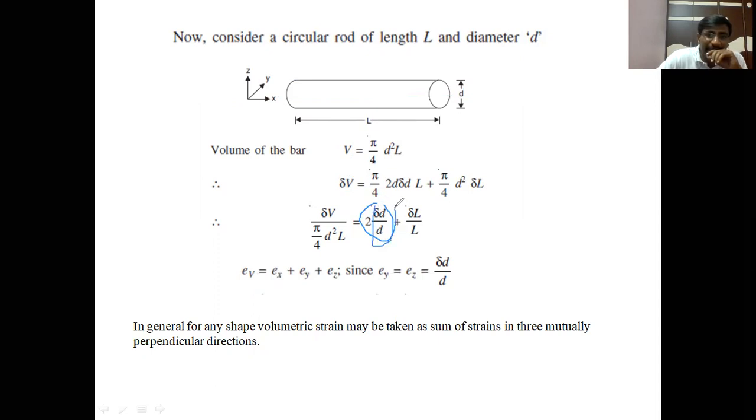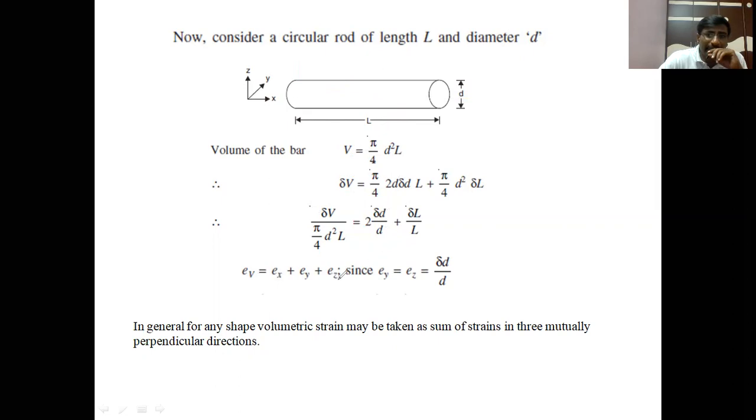Delta D by D is called the strain in y direction. Here, if we consider three directions, the lengthwise direction is x, the diametral direction is y, and this is also diametral, z. That means this bar has two diametral directions and one linear direction.